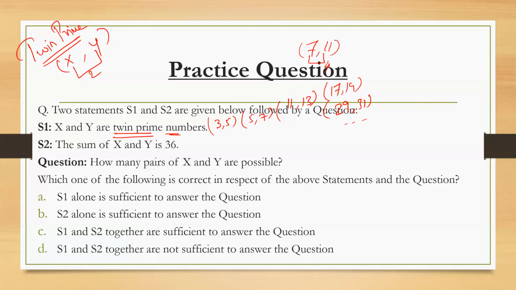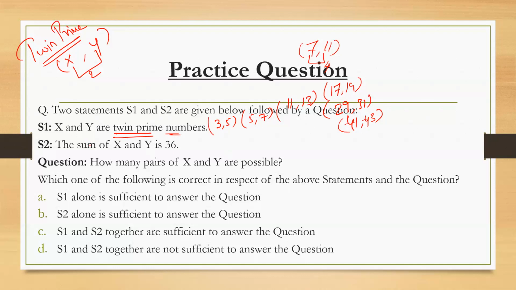The next one would be 41, 43. Like this, it can go on. So we are not getting a consistent answer here. We are not getting the exact number of pairs that are possible.